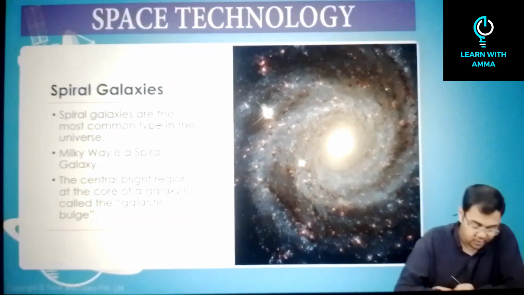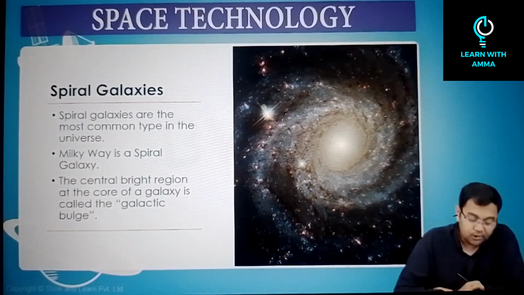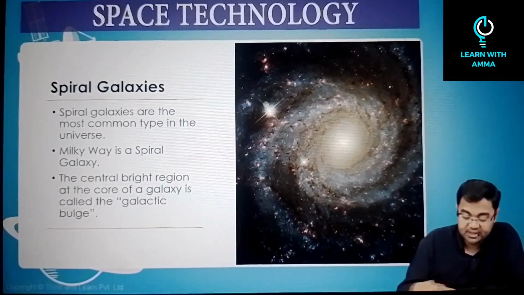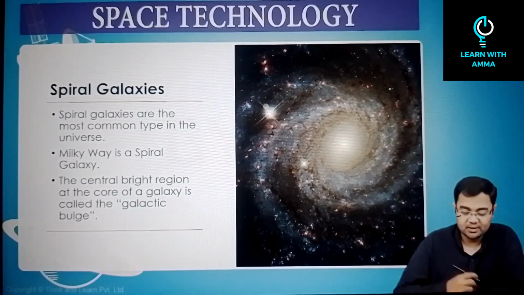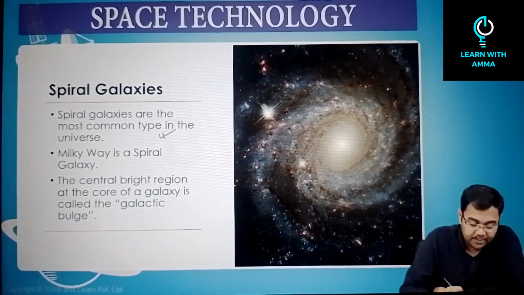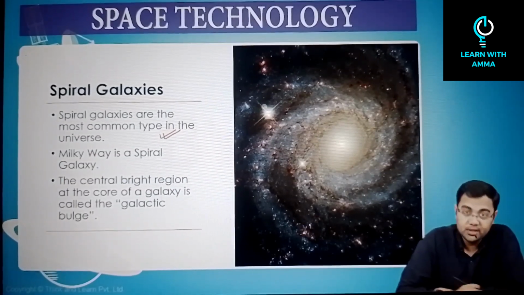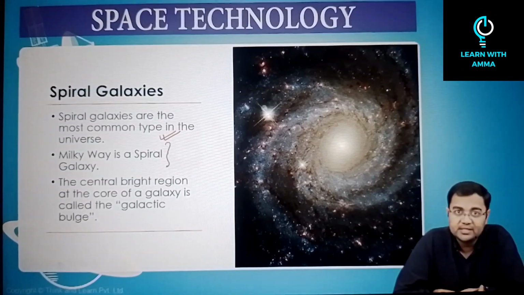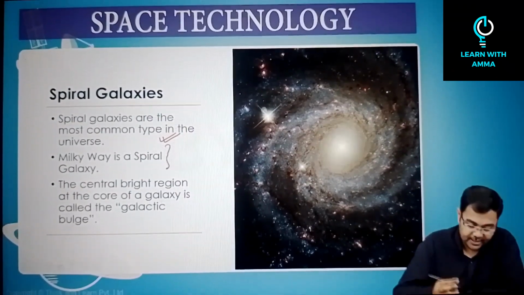First of all, you have the spiral galaxies. When we talk about spiral galaxies, these are the ones which have a spiral shape, as you can see in the picture on your screens. These are the most common type of galaxies in the universe. Our own Milky Way galaxy is a spiral galaxy.